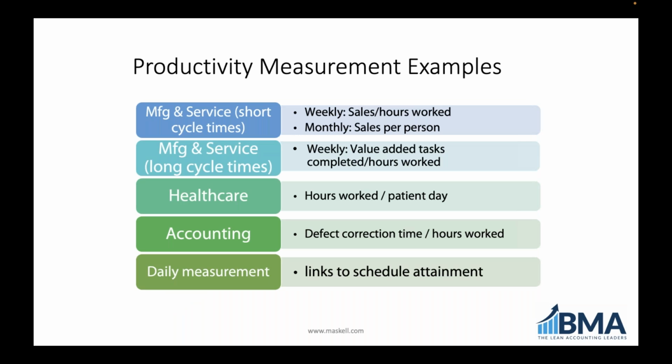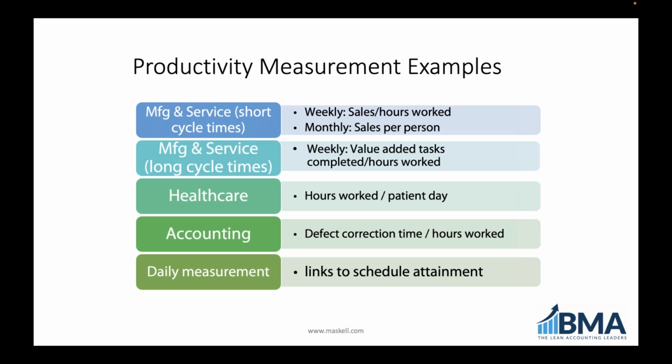So here's some examples. On a weekly and monthly basis where you have short cycle times, the weekly measure could be sales or shipments over hours worked. You can also do sales per person on a monthly basis. Long cycle times, what you have to do is substitute the numerator, and as opposed to sales, the number of value-added tasks completed.